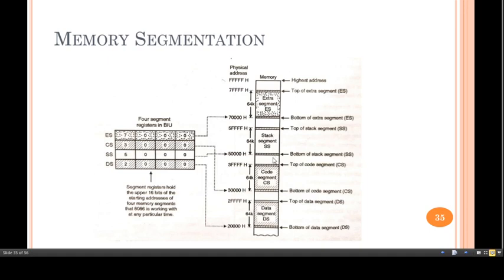This is the bottom for the stack segment, this is the top for the stack segment. This is the bottom for the extra segment, this is the top for the extra segment. So this is the organization of memory in terms of the memory segments, and every memory location has a physical address.